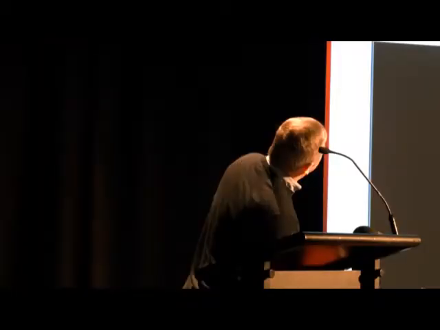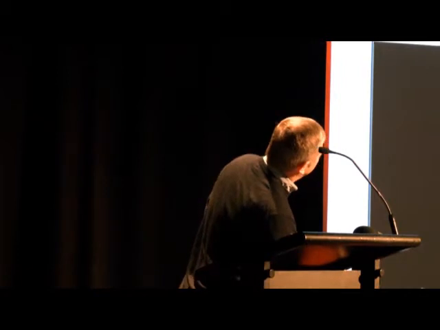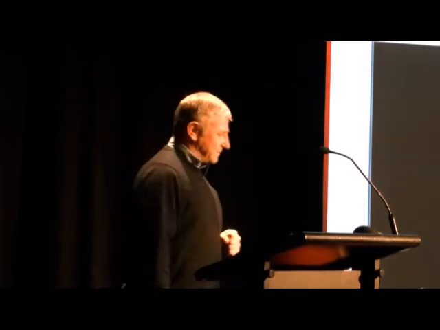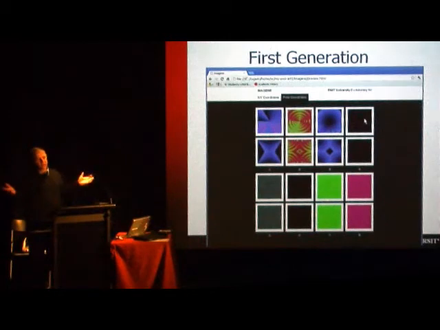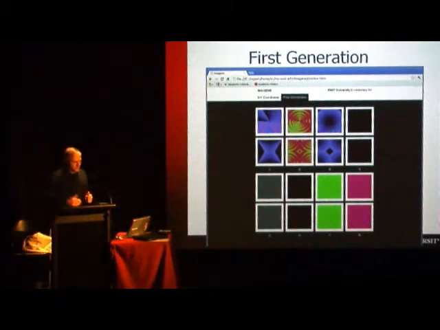So, here's a couple of screenshots from running this particular program. And this is the first generation. So you can see that here and here, for example, the image that got made at random is so bad that it can't even be drawn.